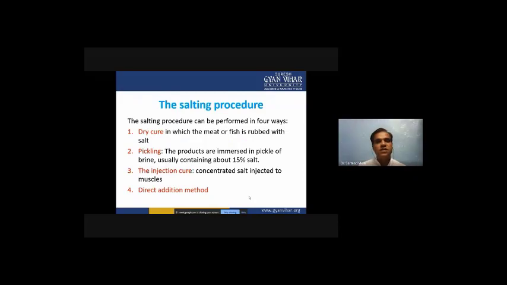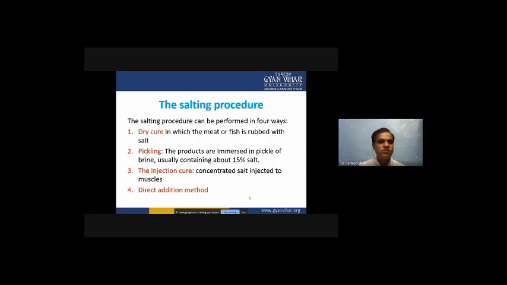Salting procedure can be performed in four ways. The dry cure, in which the meat or fish is rubbed with salt. Pickling, in which the product is immersed in a pickle or brine, usually containing about 15% salt. The injection cure, in which concentrated salt is injected into the muscles. And the fourth one is the direct addition method.